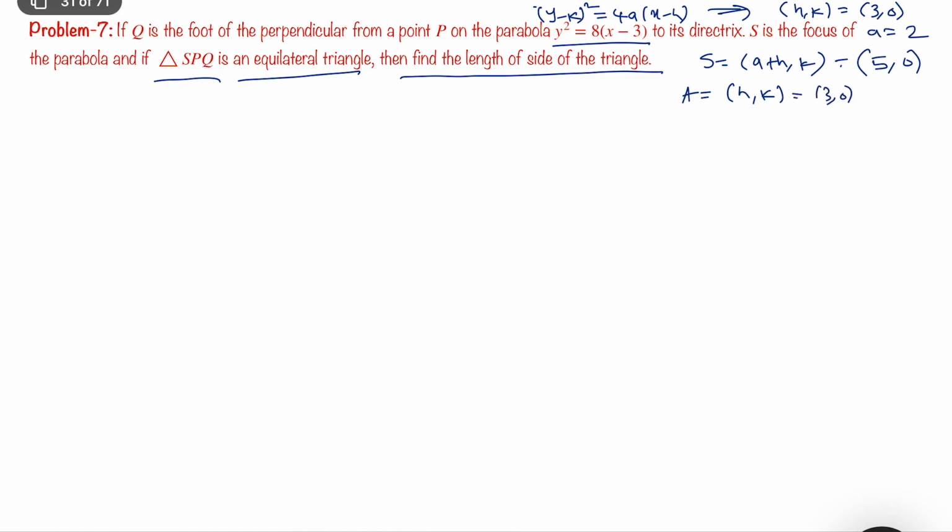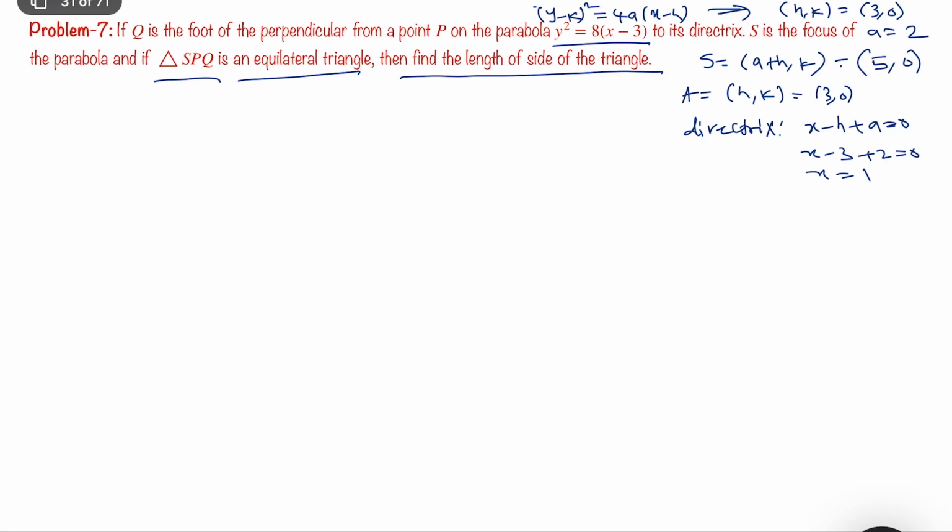And directrix equation, what is it going to be? x minus h plus a equal to 0, that is x minus 3 plus 2 equal to 0, that is x equal to 1.